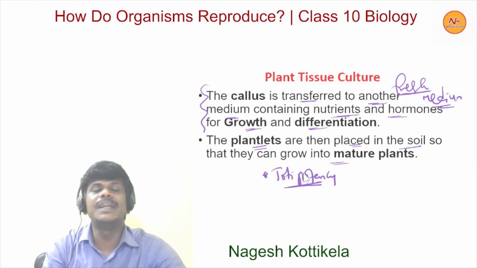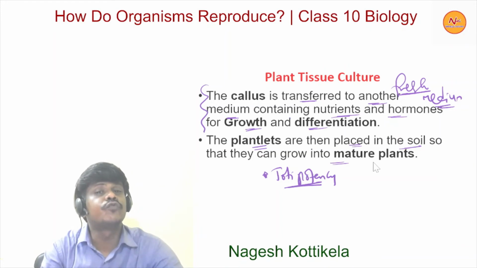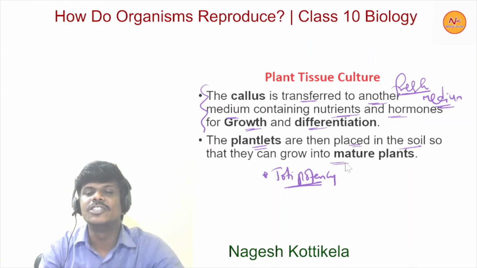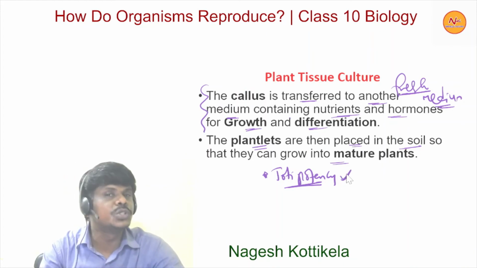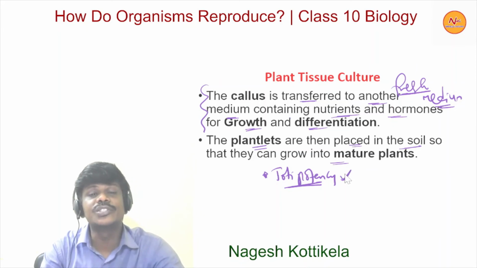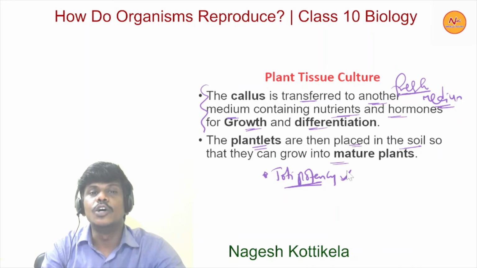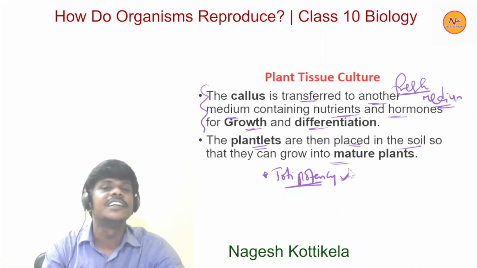So the ability of the cells or tissue to form a whole plant is called totipotency. So this is the reason behind the growth of new plants from the plant cells and tissues.